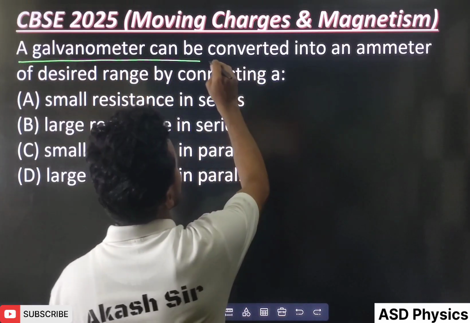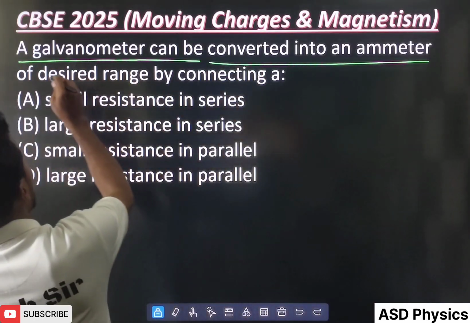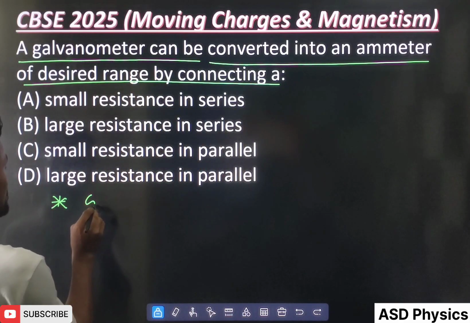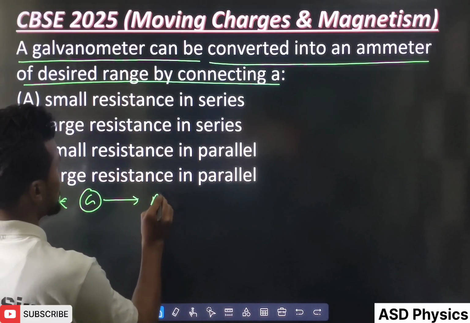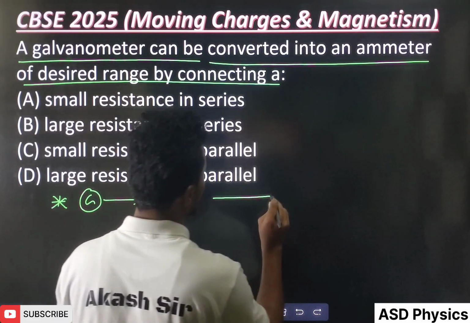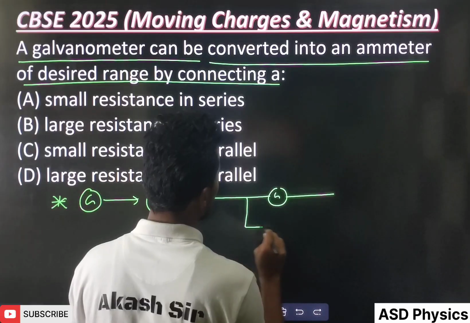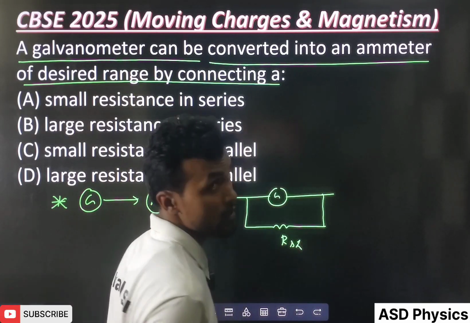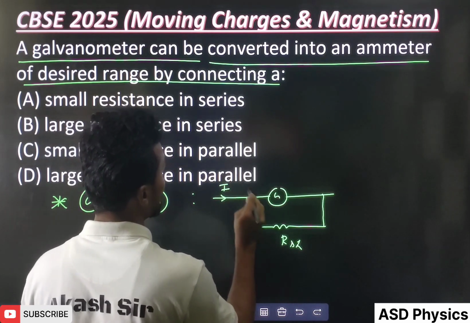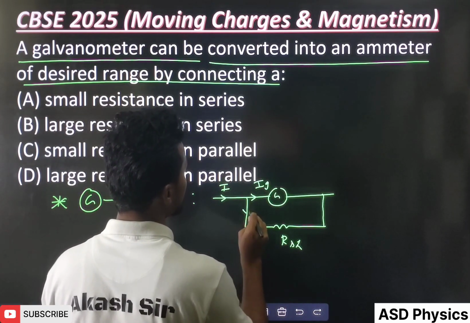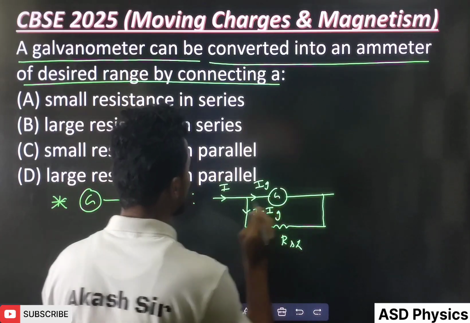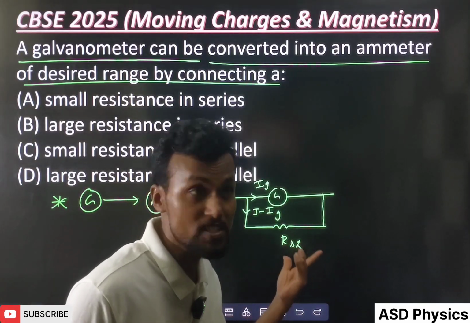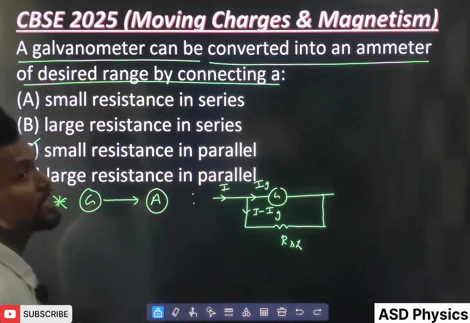A galvanometer can be converted into an ammeter of desired range by connecting a... Remember, students, whenever one galvanometer is there and I want to convert it to an ammeter, we have to connect one small or low resistance in parallel, that is called the R shunt. The current I will come here, the full scale deflection current is Ig, and I minus Ig will go through the shunt. So whenever we are converting a galvanometer to an ammeter, we connect a low resistance in parallel. The correct option is option C.